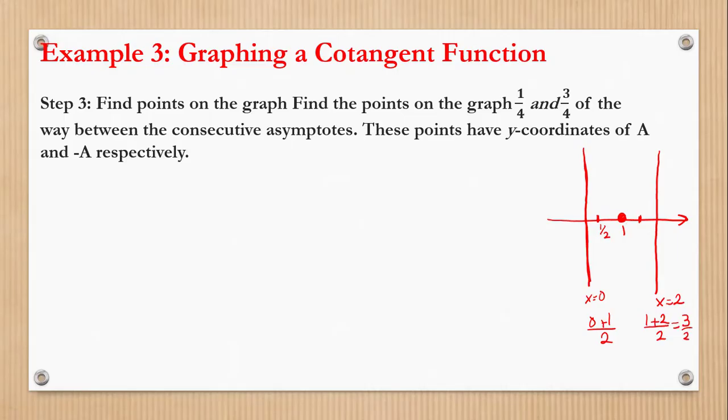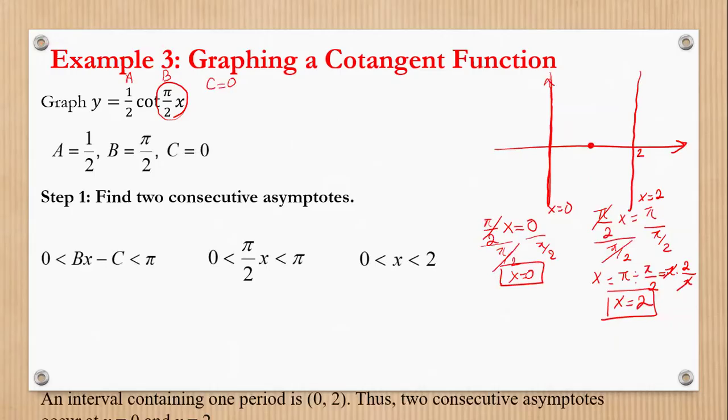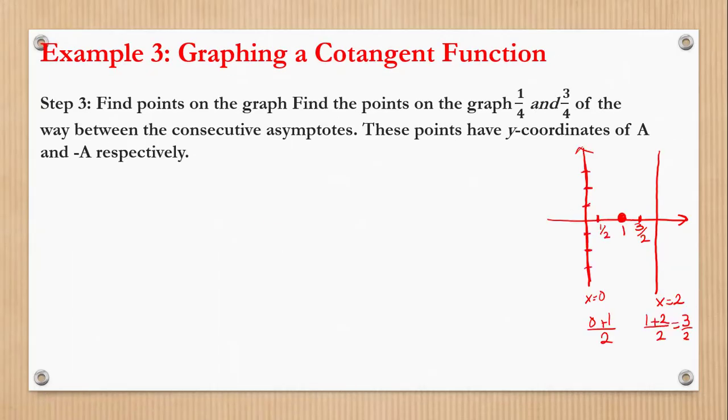After finding these 2 points, you know that the y values for these points are a and negative a. And the a in this equation is 1/2. So 1/2 is the a, positive for the first point and negative for the second point. So now I can graph the function, which is something like this.